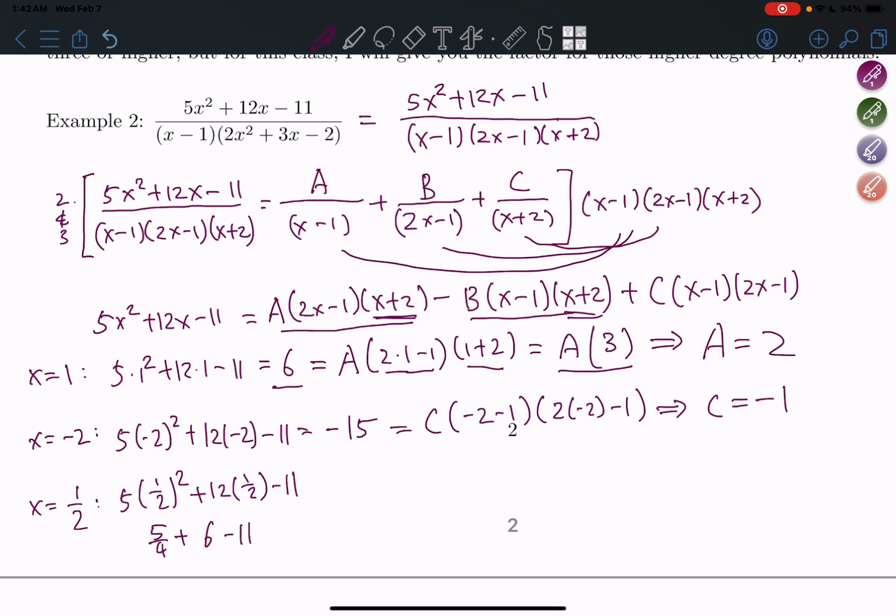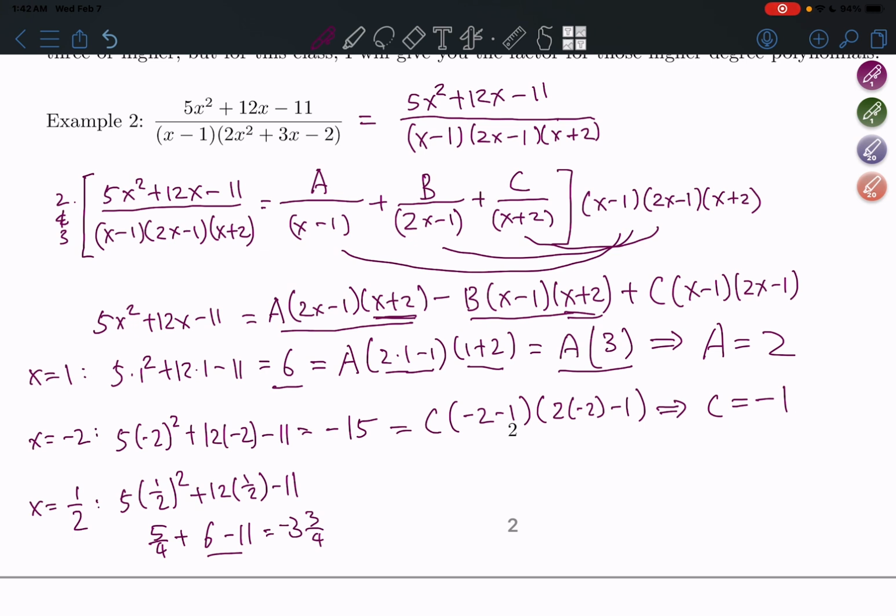So altogether I got negative 5 negative 3 and 3/4, right?